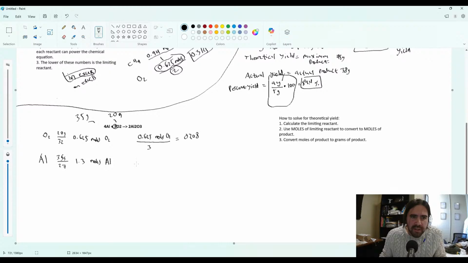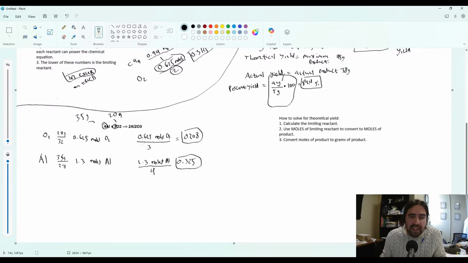Aluminum, on the other hand, has 1.3 moles, and its corresponding coefficient is 4. So 1.3 divided by 4 is 0.325. That means aluminum can power the reaction 0.325 times and oxygen can power it 0.208 times. So that means oxygen is our limiting reactant.